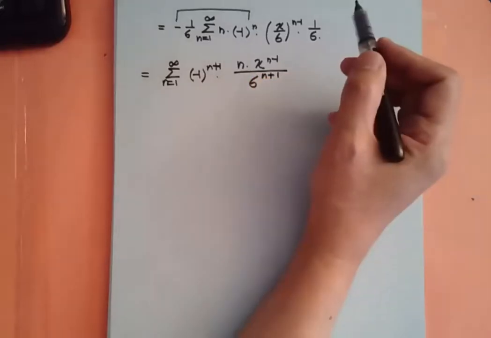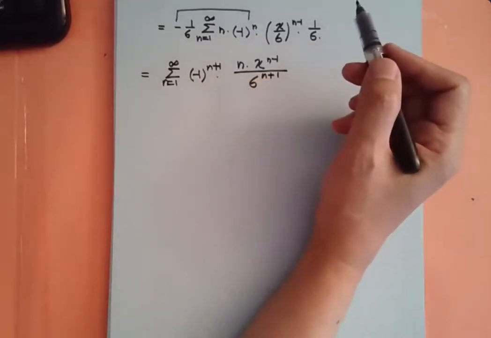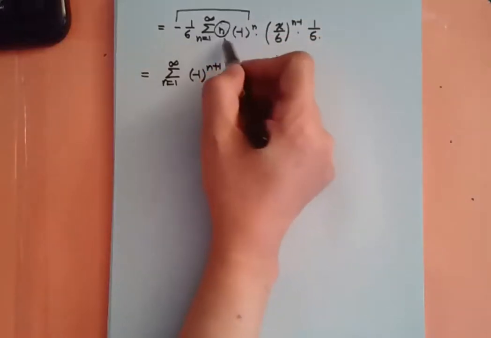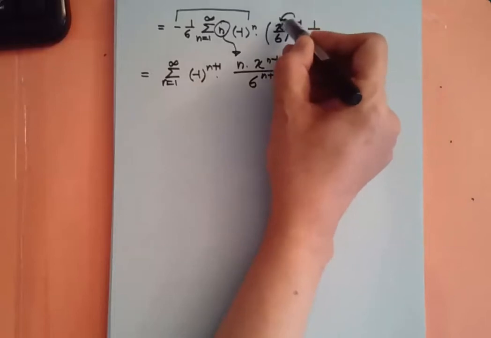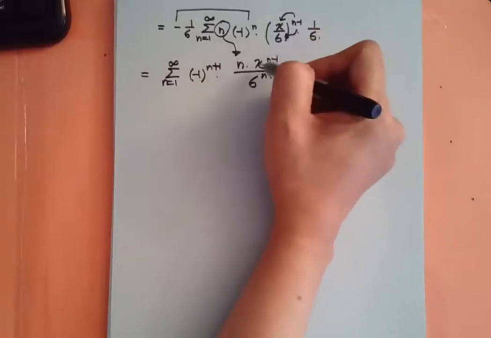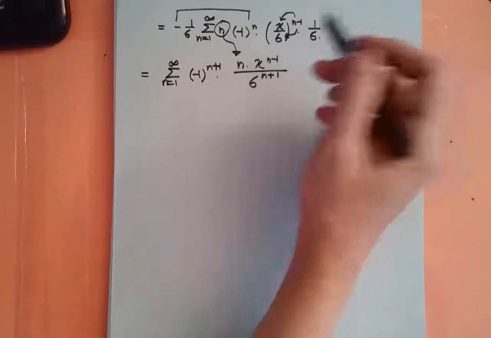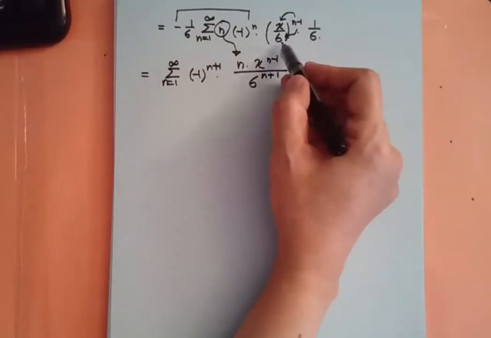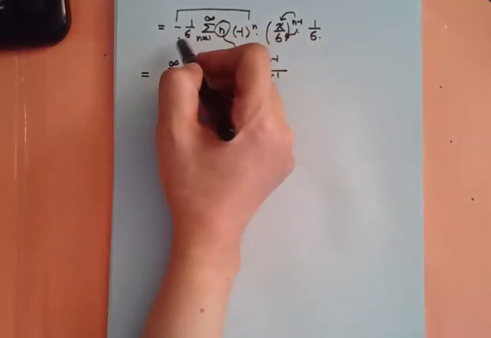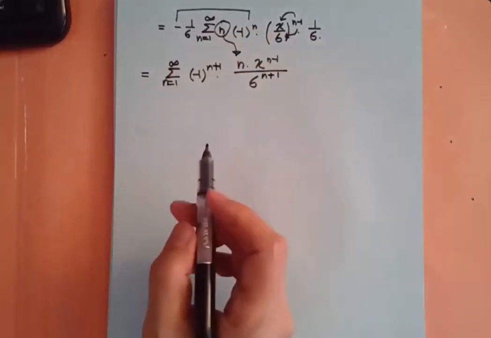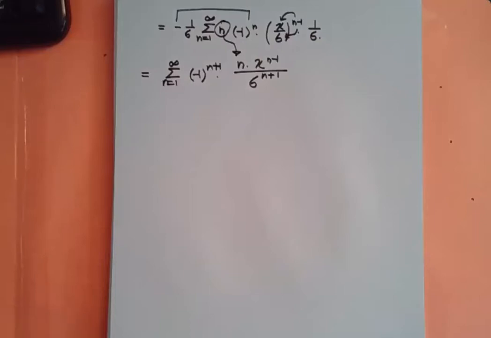So what's happening here is n comes from here, and you distribute the power. So x to the n minus 1 power, and 6 to the n minus 1 power, and then times 6 will make 6 to the n, times 6 one more time will make 6 to the n plus 1 power.